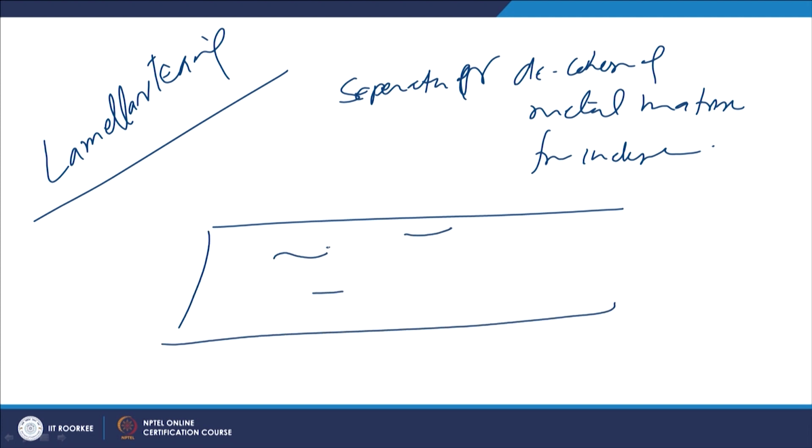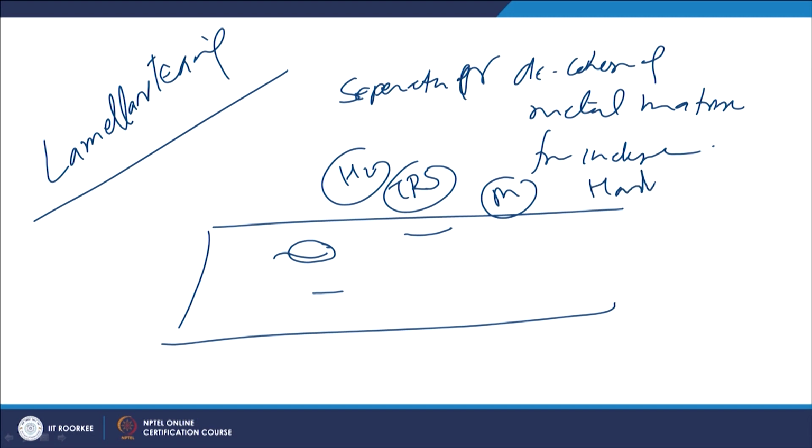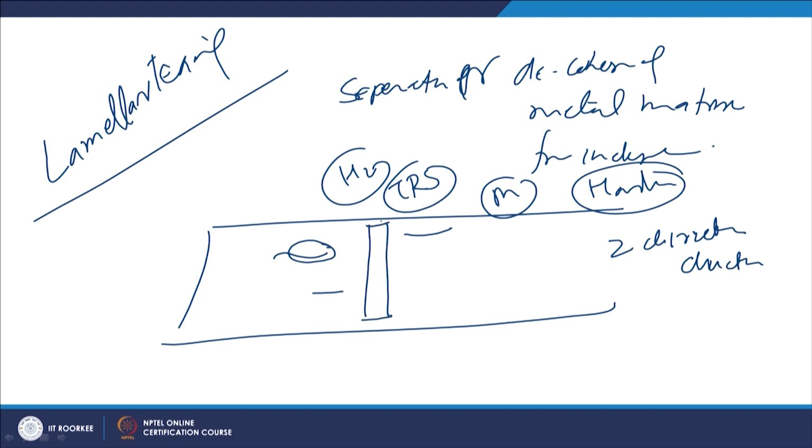These inclusions get separated from the matrix, but it is promoted by the presence of hydrogen, tensile residual stresses, hard martensitic structure, high hardness, as well as the Z direction ductility. This is basically the ductility of the metal in the thickness direction. So, metals having Z direction ductility less than 15% are found to be sensitive to lamellar tearing.